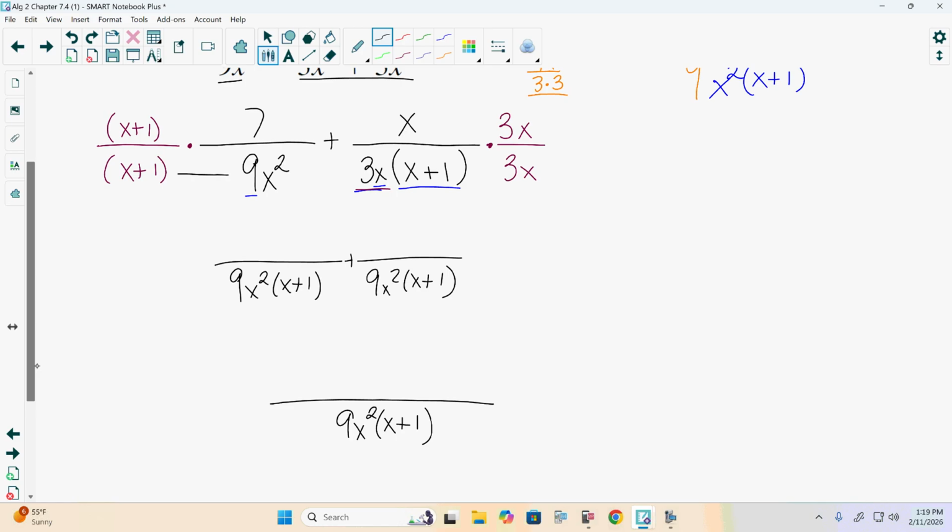Now, on top, we will have to add the numerators. We're going to have to combine those. So at this point here, especially since we have a single term being multiplied through, we can go on and multiply it out. 7 times x is 7x. 7 times 1 is plus 7. And 3x times x is going to be 3x squared.